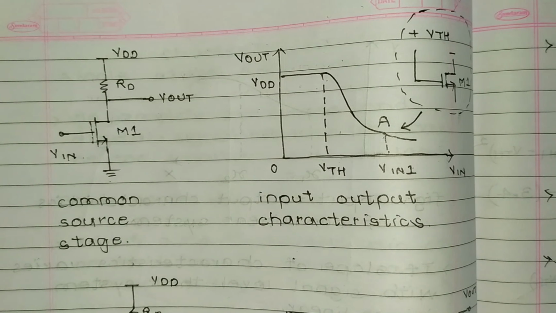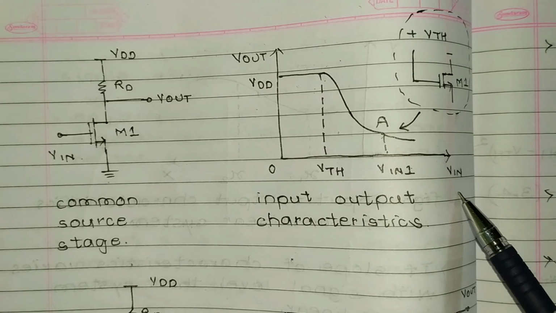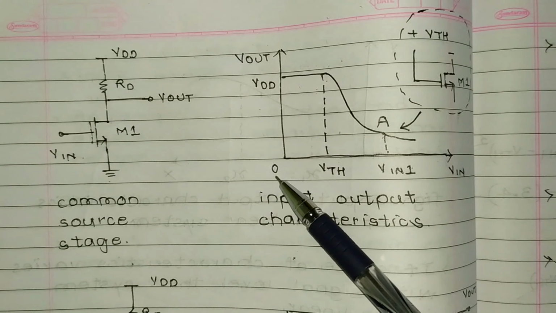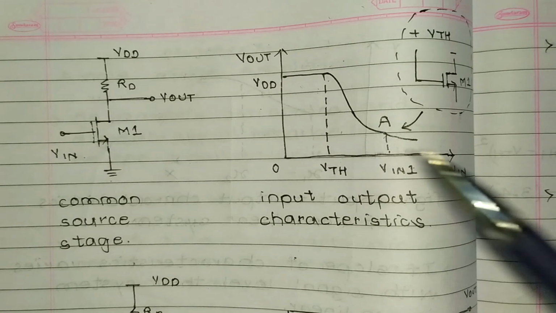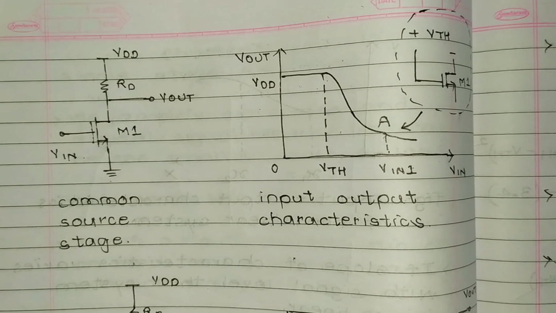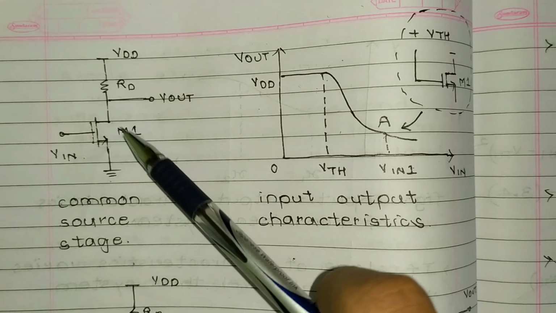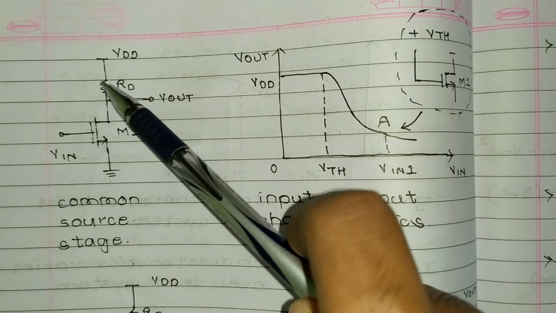Then as Vin approaches VTH, M1 turns on and draws current from RD.